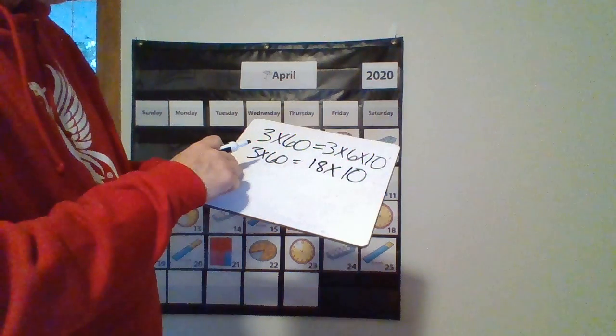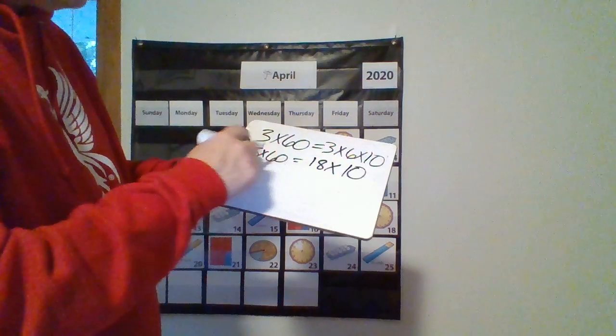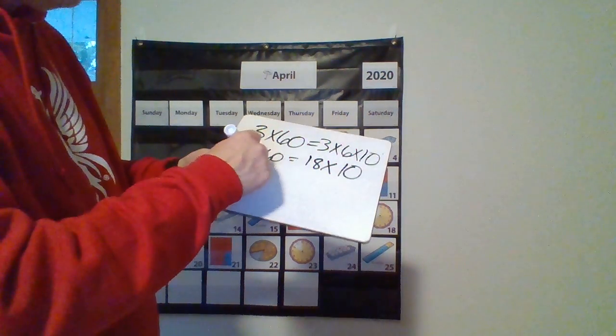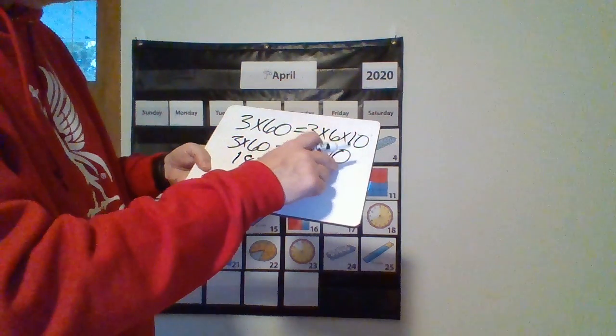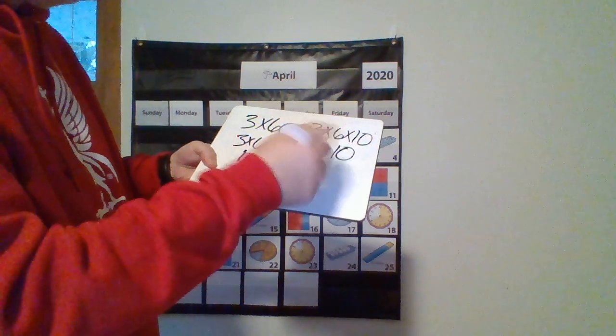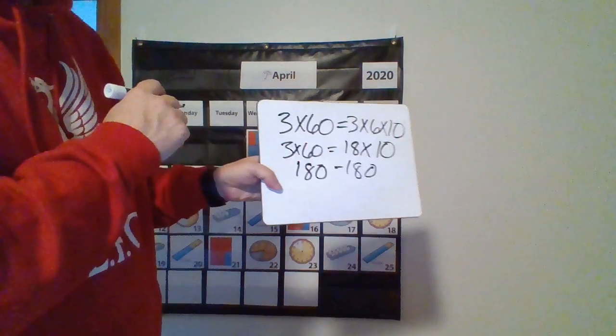So 3 times 60, 3 times 6, we figured that out was already 18. So 3 times 60 would be 180. 10 groups of 18, 18 groups of 10. Count by 10, 18 times. You have 180.